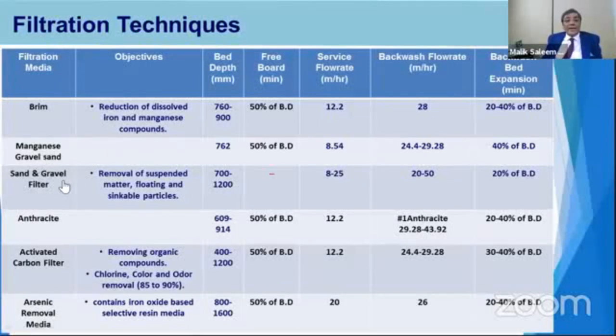We have manganese green sand filters, anthracite filters, and activated carbon filters for the removal of chlorine, color, odor, and arsenic. We will be discussing all these techniques when we go into our module of filtration.